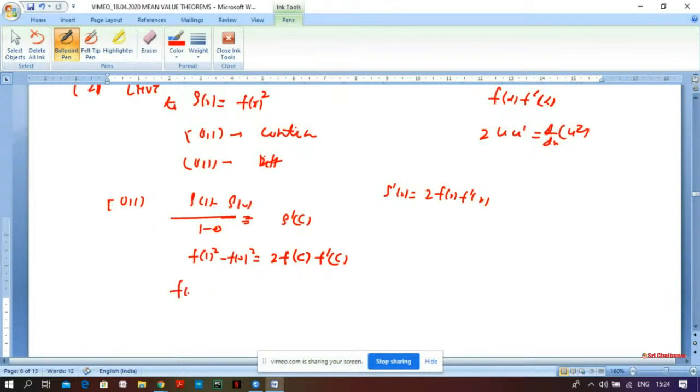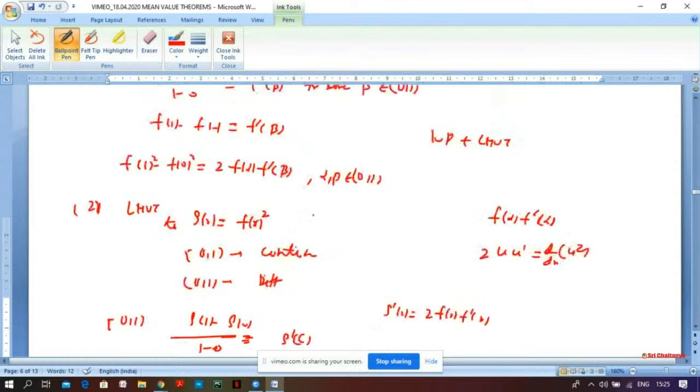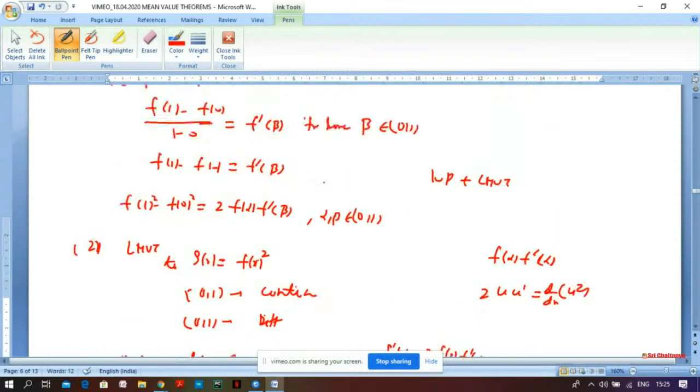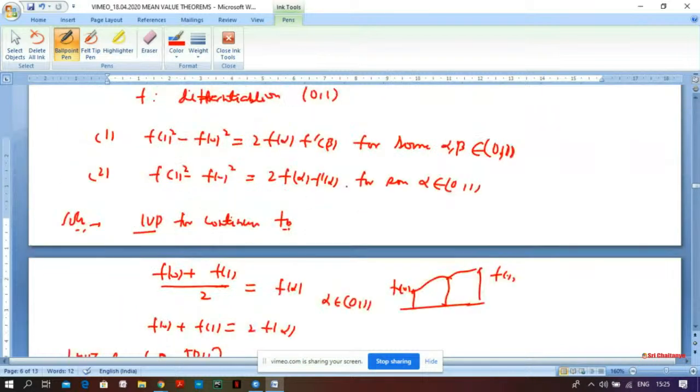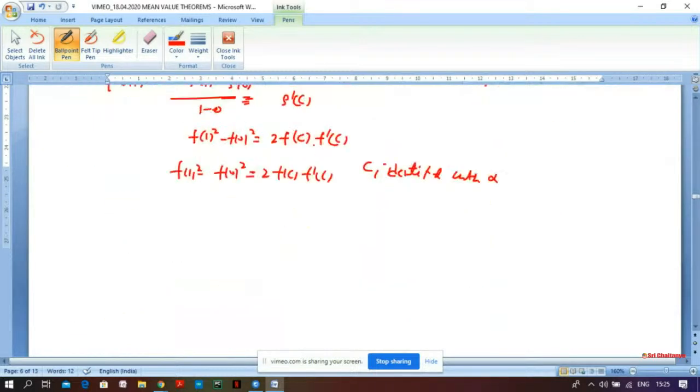It means that f(1) square minus f(0) square is 2 times f(c) times f prime c. This c can be identified with alpha, meaning there is some alpha such that f(1) square minus f(0) square is 2 alpha f prime alpha. Both are the same point alpha. Here alpha and beta were different points, so we get the same thing again, 2 f(c), so c is just alpha.